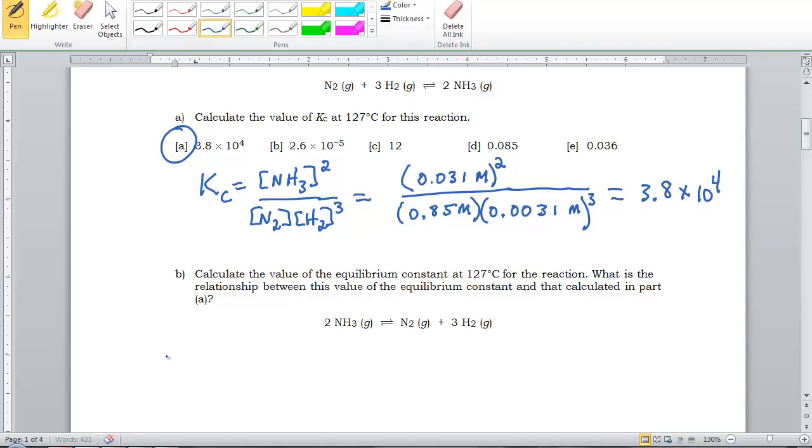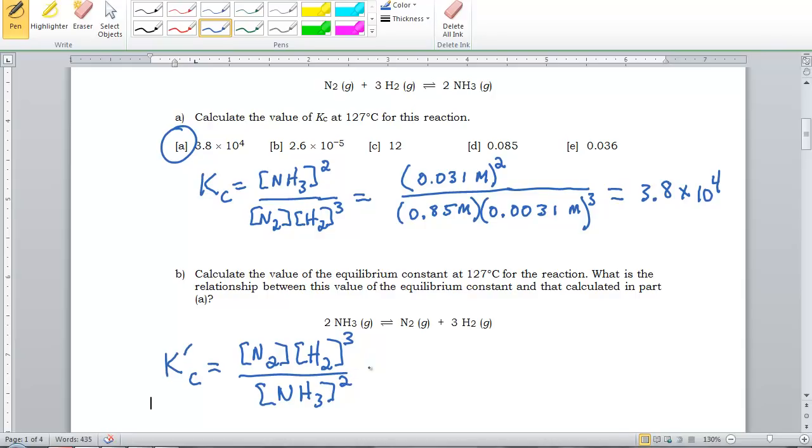So let's call this equilibrium constant Kc prime, just to note that it's different than our original. Again, products, in this case nitrogen, raised to the power of coefficient 1, times hydrogen raised to its coefficient 3, divided by reactants, in this case one reactant, ammonia raised to the power of its coefficient.